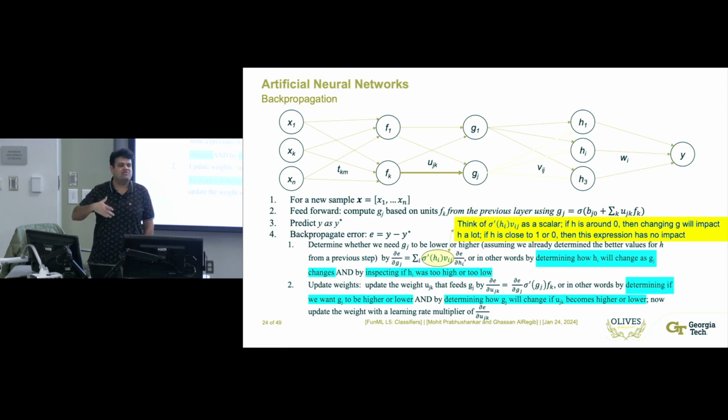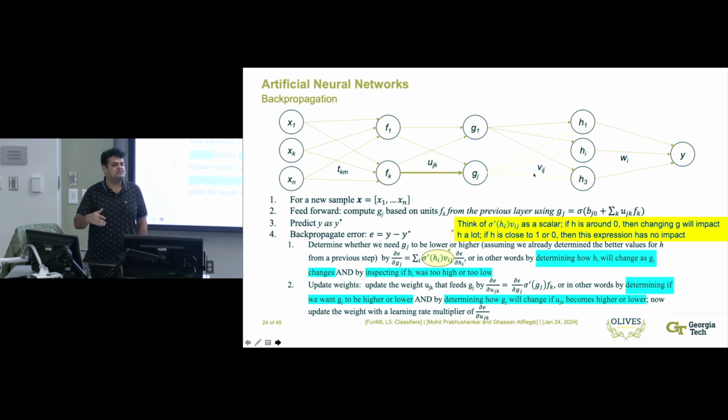So intuitively, what gradient descent and the backpropagation algorithm are telling us is that you can be very greedy when you are backpropagating. Any error that you get from y minus y star, use all of that error to update weights wi. And then see that with those changes, your h1 to h3 maybe now need to change, right? Use the error from h1 to h3 in order to increase or decrease vij.